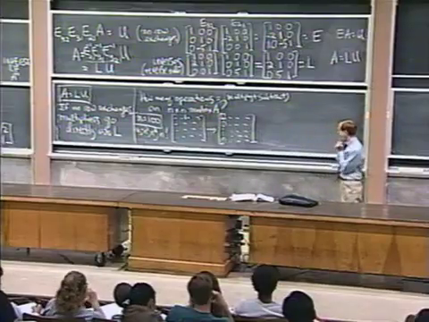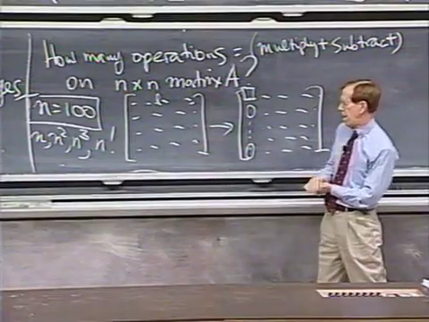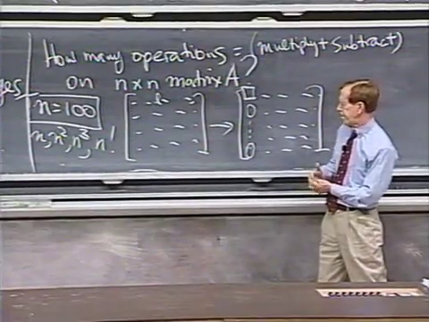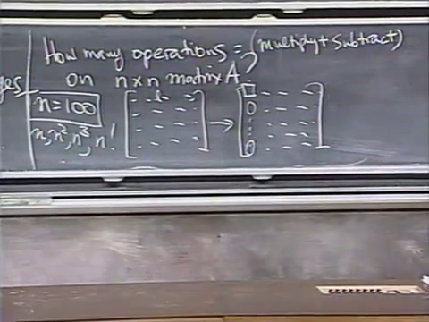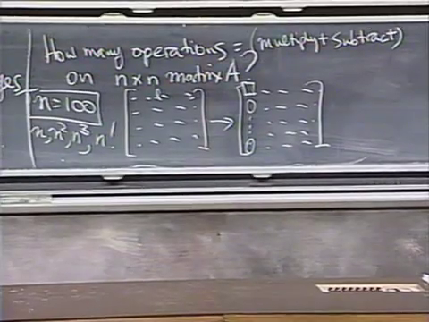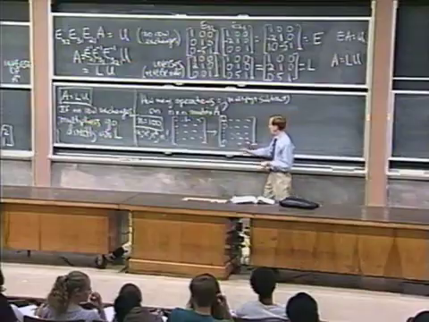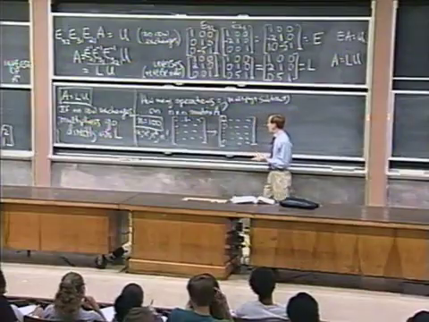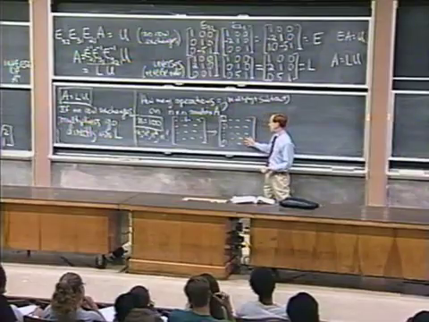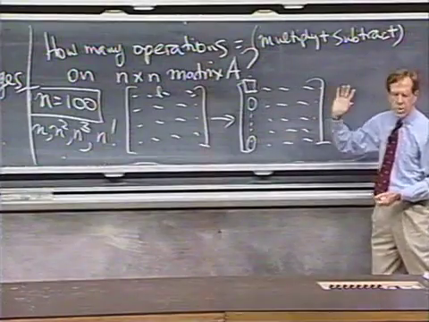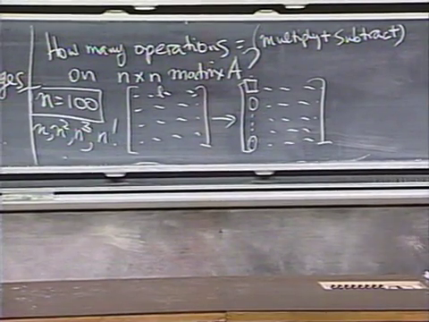Okay, how many have I got here? Roughly, how many operations to get from here to here? Well, maybe one way to look at it is all these numbers had to get changed. The first row didn't get changed, but all the other rows got changed at this step.